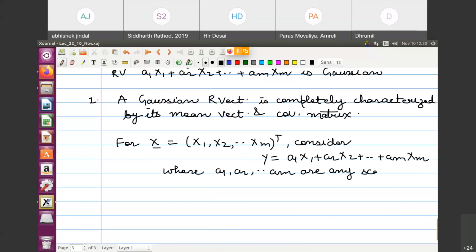I have repeated this so that if you read this point 1 as a standalone thing, you know what we are doing.